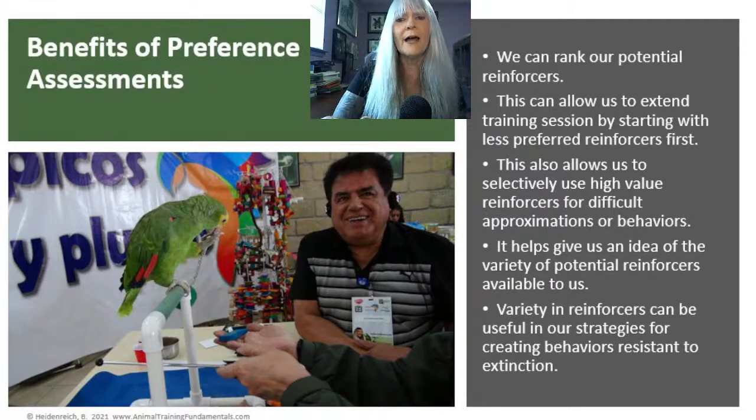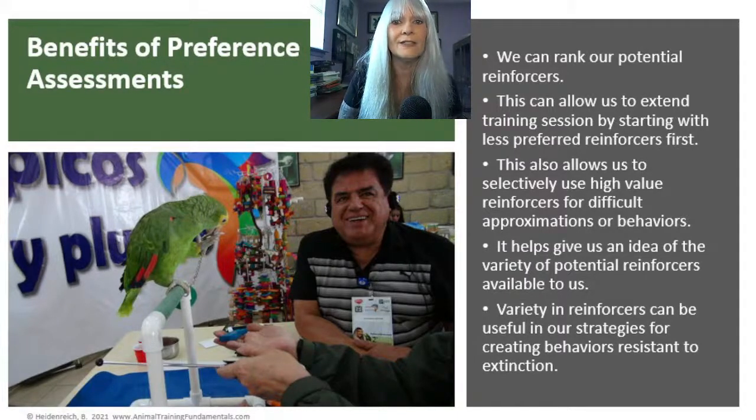It also allows us to selectively use high-value reinforcers for difficult approximations or behaviors. If I know that chicken or dental chews is a really highly preferred item, I can use that for those challenging behaviors. It also gives us an idea of the variety of potential reinforcers available to us.